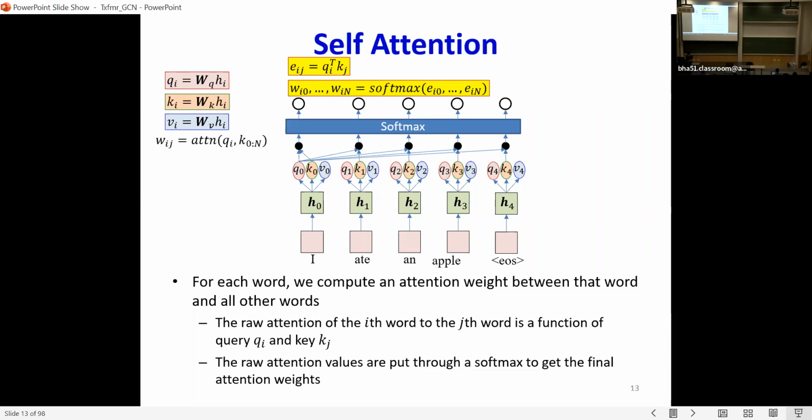If you're going to compute the output of H0, then you're going to use query 0 and the keys of everything. No, it seems fine to me. The queries are indexed by i, the keys are indexed by j, and the attention scores are over the keys. So that seems fine to me.